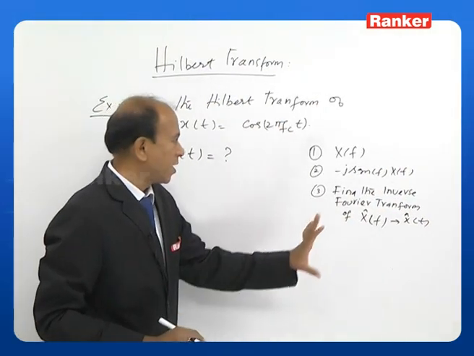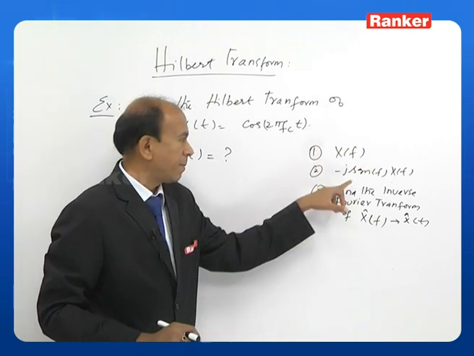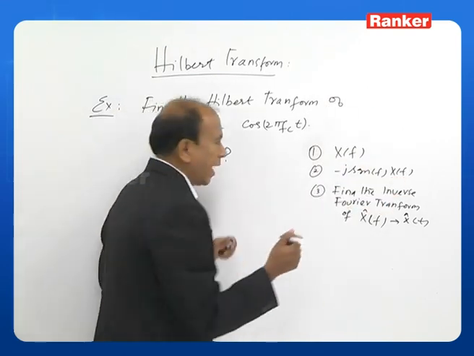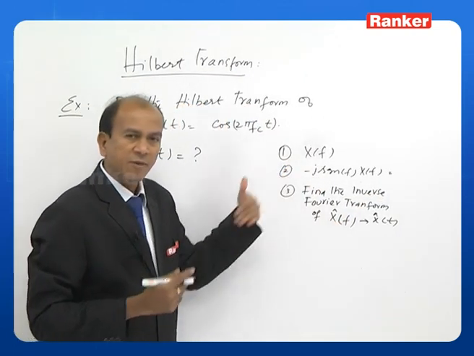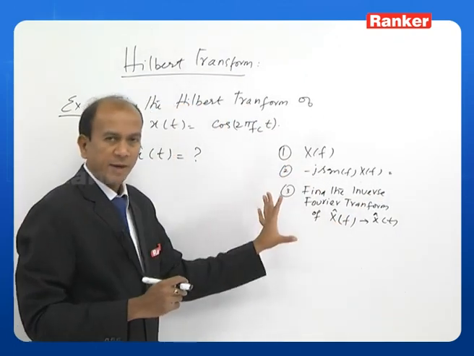So, these are three steps. First find out x of f, then minus j signum of f will give you x cap of f. Then comes the inverse step, you find the inverse Fourier transform, then you will get this.